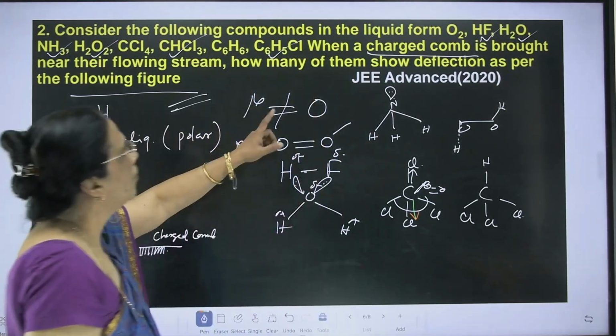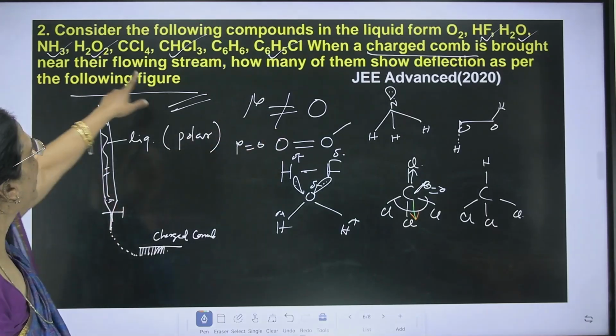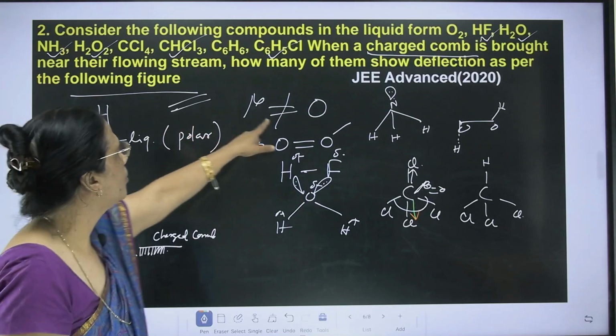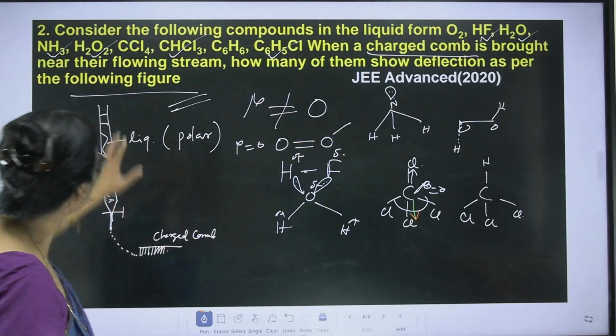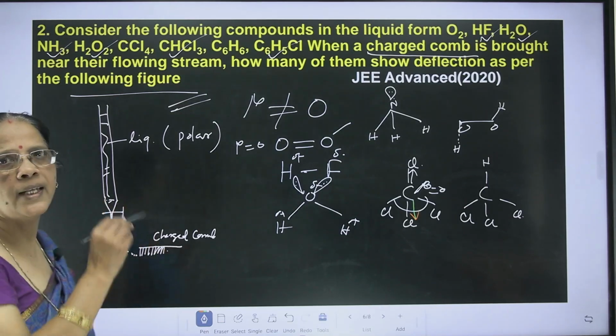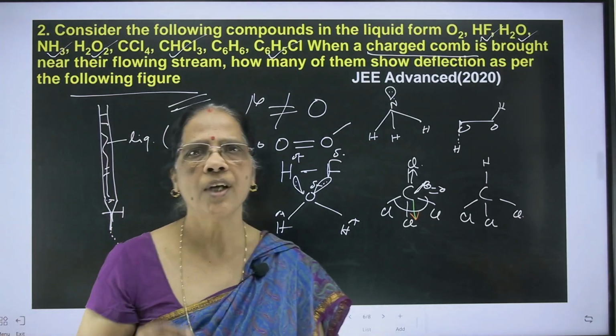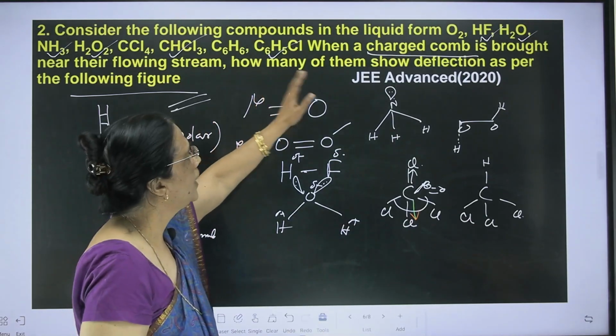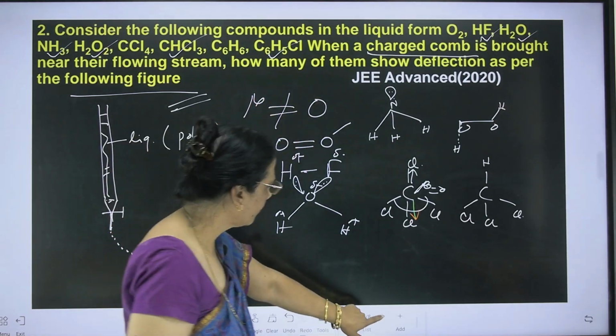So count 1, 2, 3, 4, 5, 6. Six molecules show mu not equal to 0. So these six molecules will be deflected towards the comb because they are showing some dipole moment. Dipole moment is not 0 in these six molecules. Okay. Next.